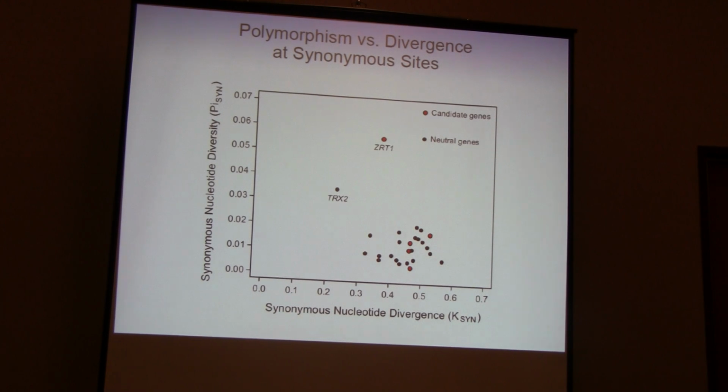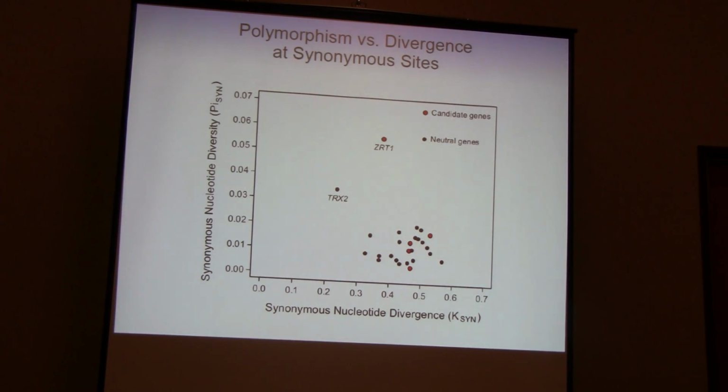So these are the results. Out of the 5 genes, one of them shows a very noticeable elevated rate of synonymous polymorphism. So on the graph, synonymous polymorphism is on the y-axis and synonymous divergence is on the x-axis. The 21 randomly selected neutral genes are shown in black, and the 5 genes with the high rate of non-synonymous variation are shown in red.